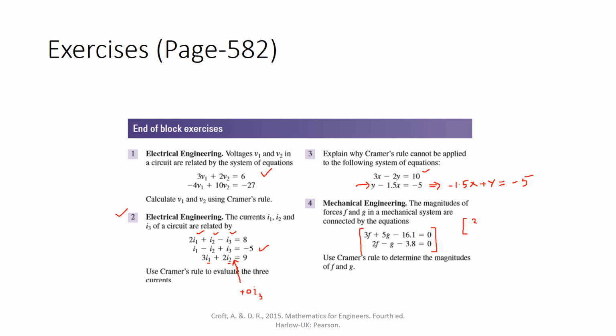So we should write 3f plus 5g equals minus 16.1, which will go to the other side, and this will be 16.1, and the same is here. 2f minus g equals, and on the second side it would be 3.